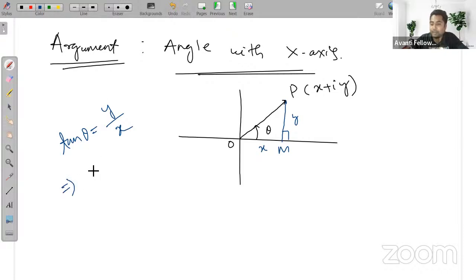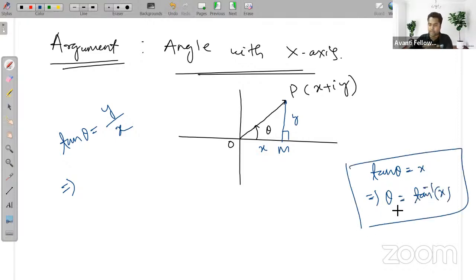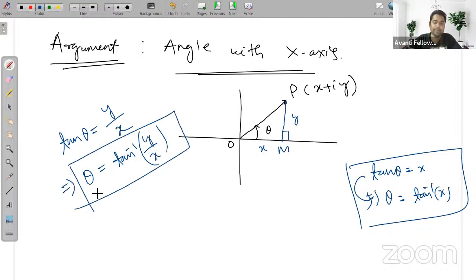From inverse trigonometric functions, we know that if tan theta is equal to x, then theta is equal to tan inverse of x. Remember this operation. Similarly, my theta becomes tan inverse of y upon x. So this is my argument.